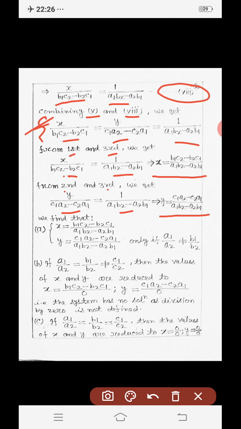Dear students, we find that x is equal to (b1 c2 minus b2 c1) by (a1 b2 minus a2 b1), and y is equal to (c1 a2 minus c2 a1) by (a1 b2 minus a2 b1), if only a1 by a2 not equal to b1 by b2.